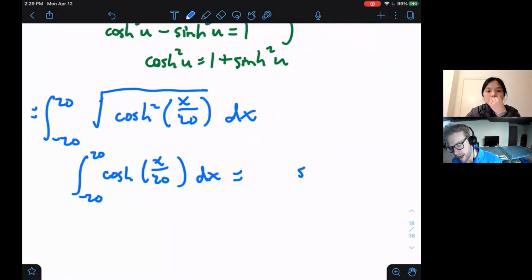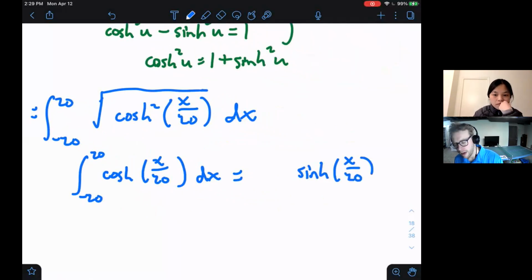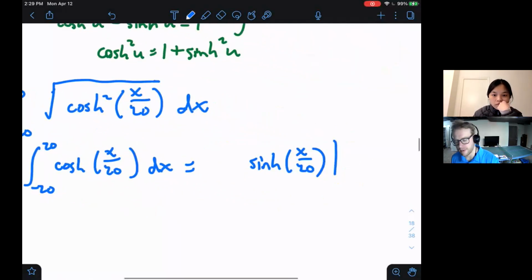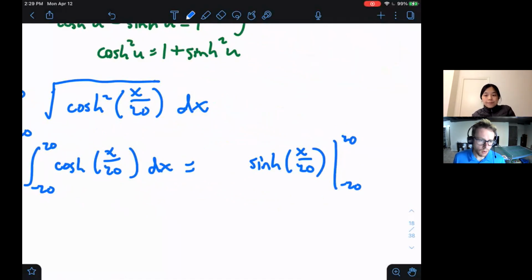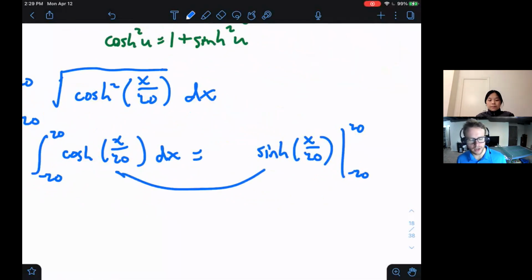When I integrate hyperbolic cosine, I get hyperbolic sine. And if I was to leave my answer just like this, I would get some points off because I've forgotten, either a small u substitution, or if you're thinking about taking the derivative and getting back to where you started, you can see that we forgot about the chain rule. So in this case, we need to multiply by 20 here.